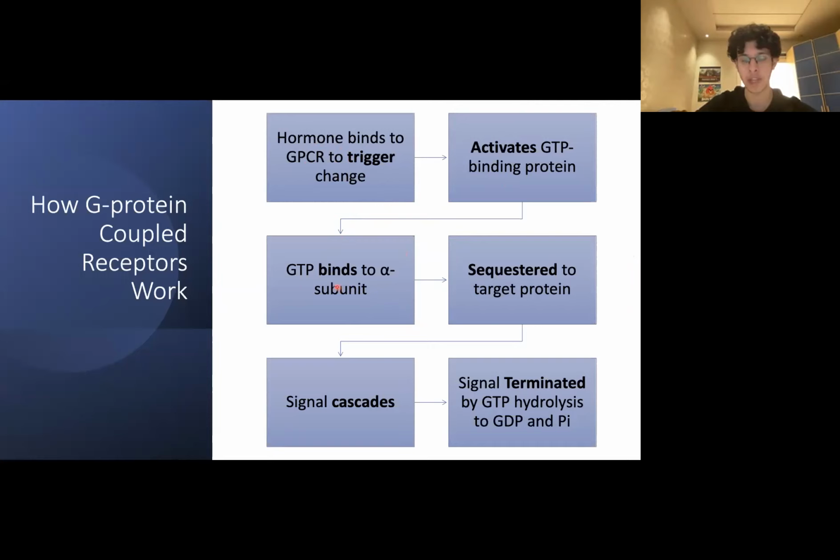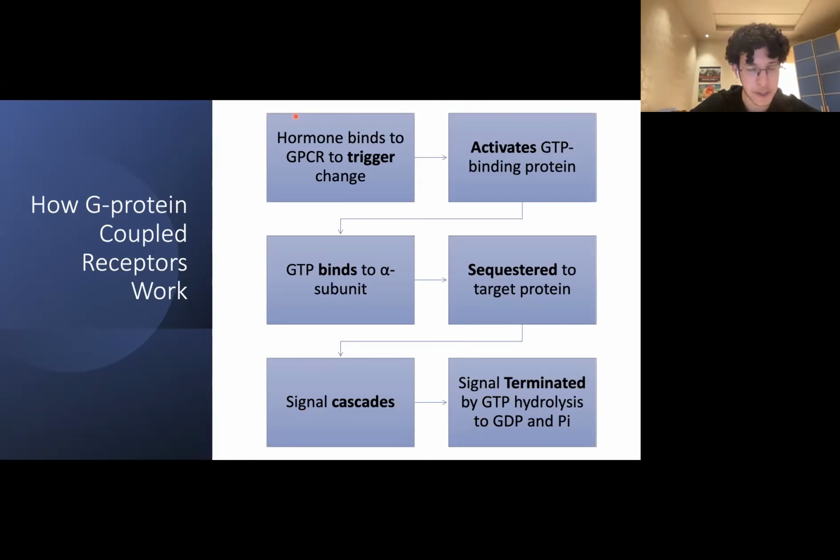Once we bind GTP, it will bind to the alpha subunit, all right? And when it binds to the alpha subunit, GTP will be sequestered or sent to the target protein. This will cause a signal cascade, and a signal cascade is just a series of reactions that happen one after another to get to a result. And then we terminate this signal by GTP hydrolysis into GDP and phosphates.